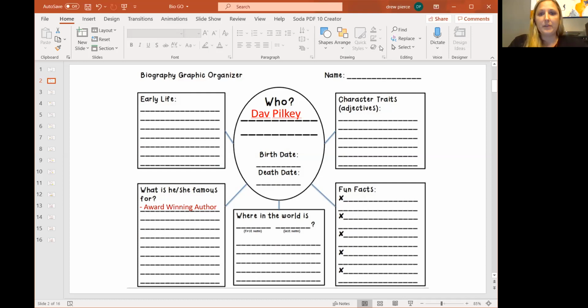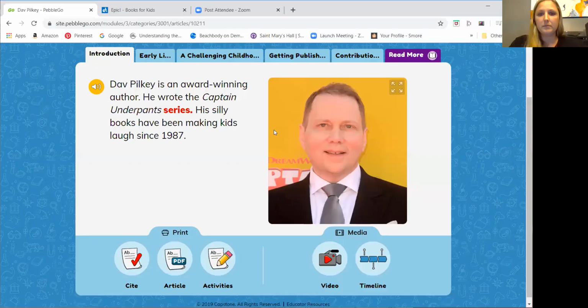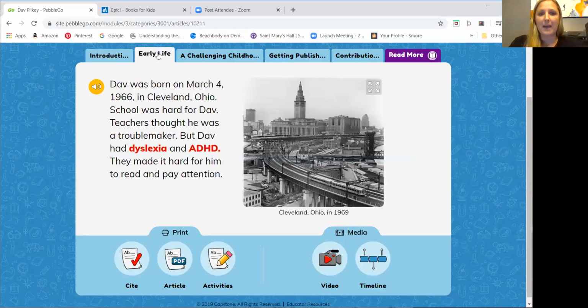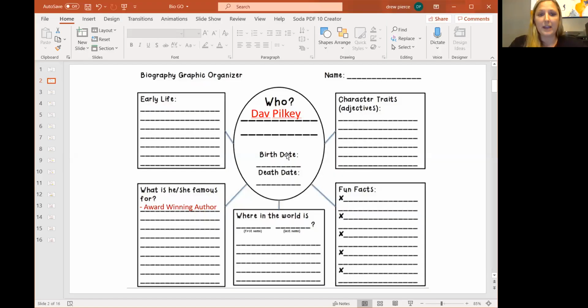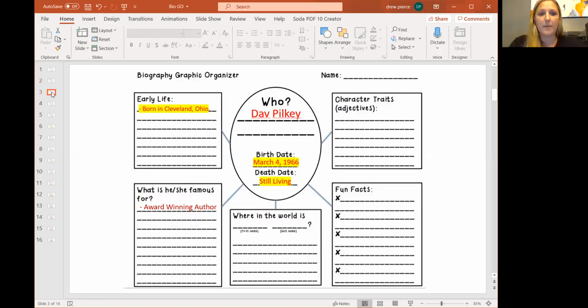So after I write those down, I am going to go back to my Pebble Go, and we'll go to the next tab, which is Early Life. And Early Life actually is the same heading as on our graphic organizer. So already on that page, I have learned a little bit more about his early life.